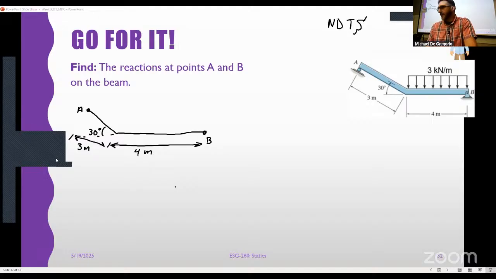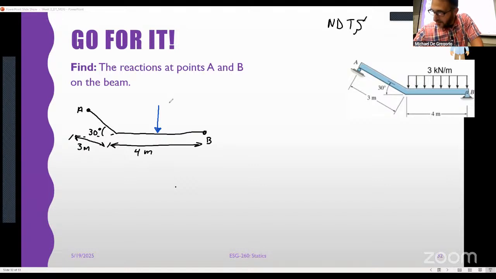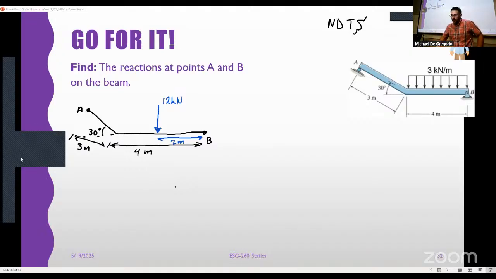Where does that apply? 2 meters from where? Well, the left is over here. Two meters from there. Okay, so now we have everything that we need except for a coordinate system.